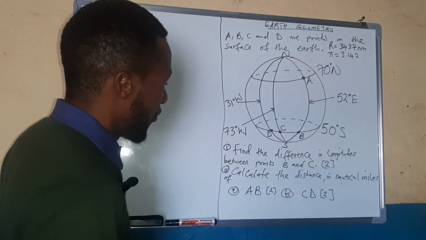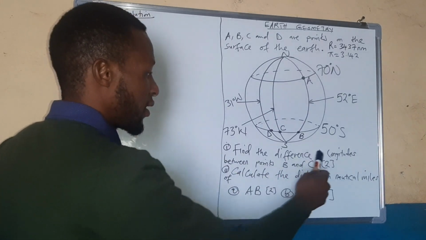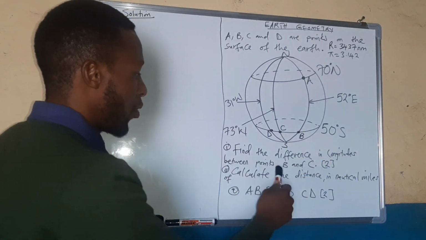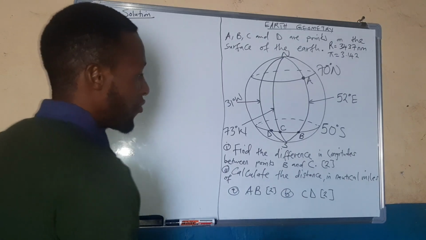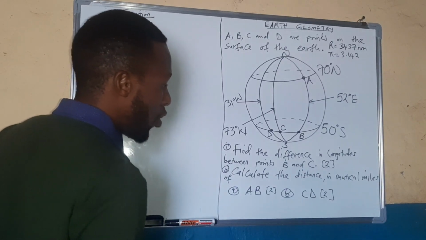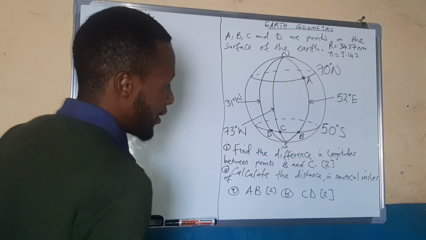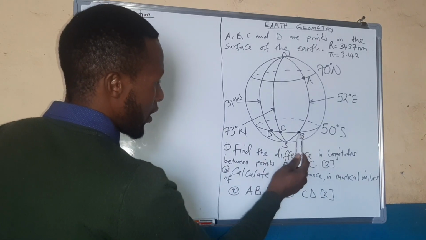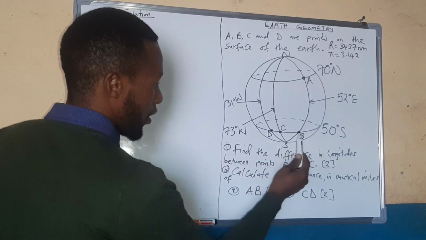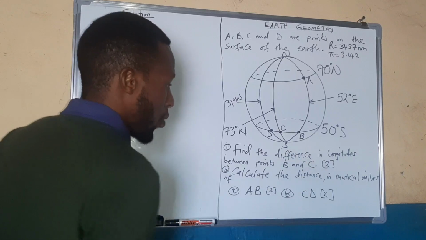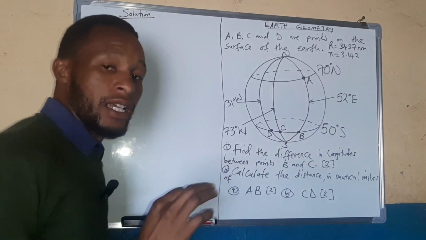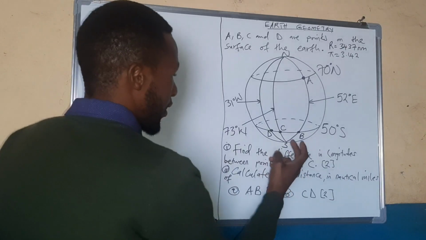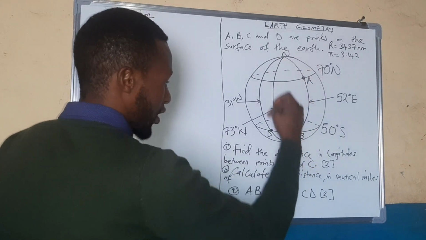The first question is to find the difference in longitudes between the points B and C. When you look at the points B and C, they are here. These points are on the same latitude, which is 50 degrees south. Hence, they are on different longitudes.